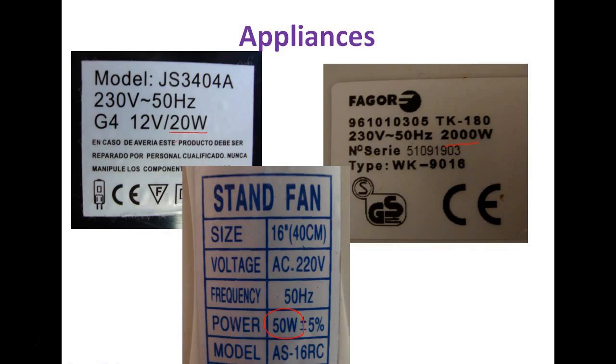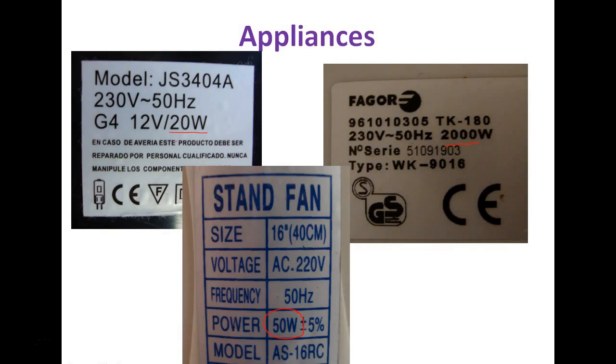Now there are lots of times where we want to be able to calculate the electrical power, and as you can remember from before, we need to know the total energy transferred in joules and the time that the appliance has been running for. This isn't always easy to measure, but what we can measure in the laboratory is the current and also the voltage.